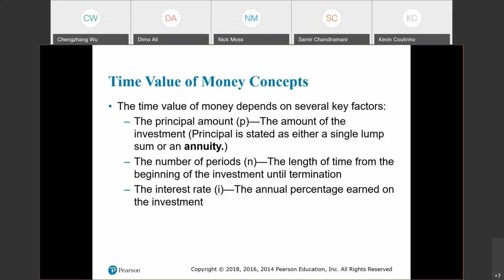If you decide to collect all the winnings now, it is a lump sum receipt. Or if you decide to receive a series of equal payments for a period of time in the future, that means annuity. So again, annuity is a stream of equal cash payments made at equal time intervals.